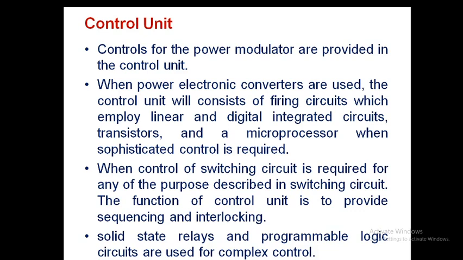Then only we can get the power converter output properly. So that needs to be achieved with a proper sequence of firing pulses. Generally, we can then achieve the required voltage or power levels at the output of the power converter.